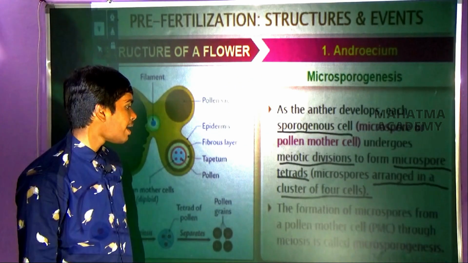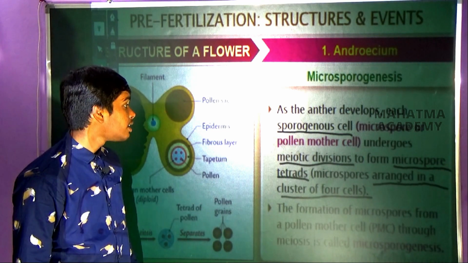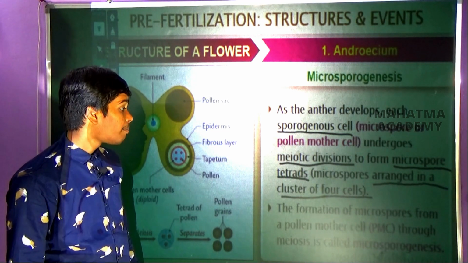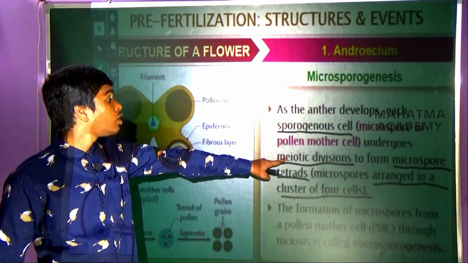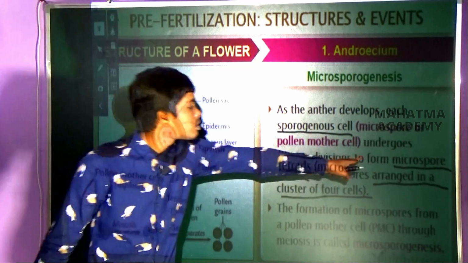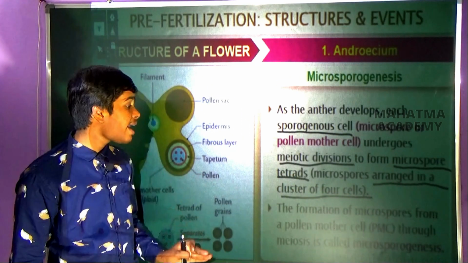The formation of microspores from the pollen mother cell through meiosis is called microsporogenesis.